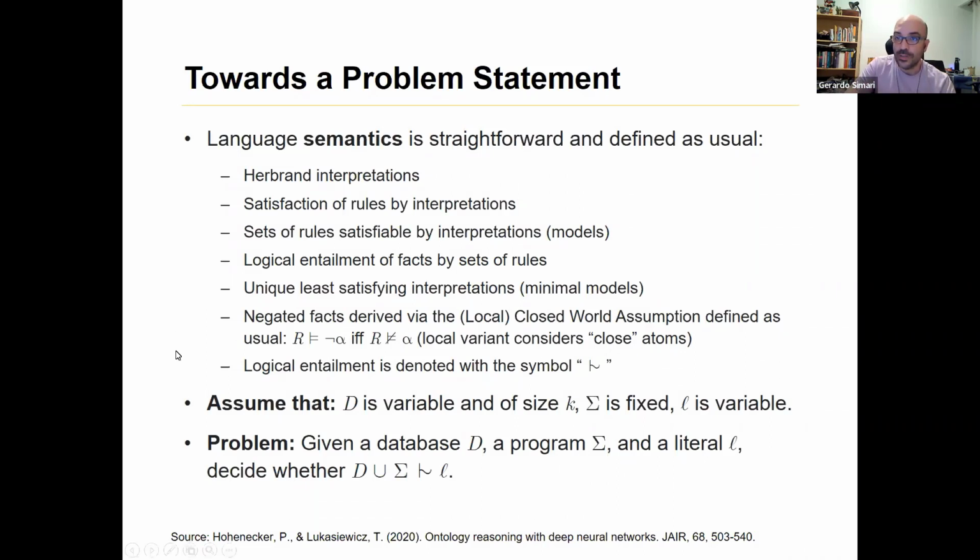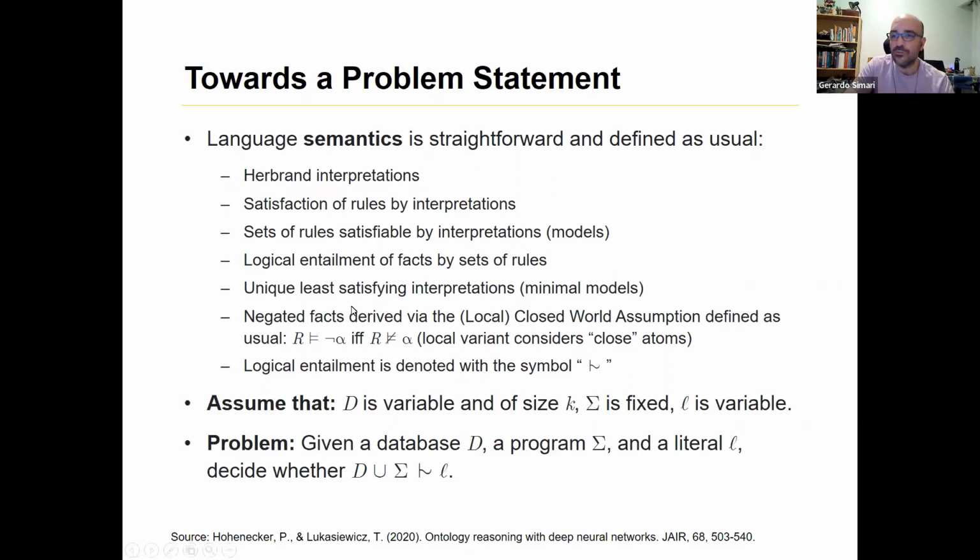There's an interesting aspect here. So they use the closed world assumption. So negated facts can be derived using the closed world assumption. They also have this local variant where they consider this notion of atoms being close to each other.